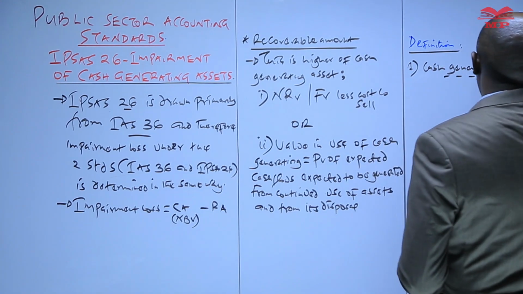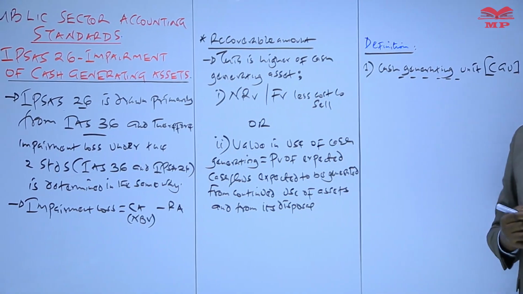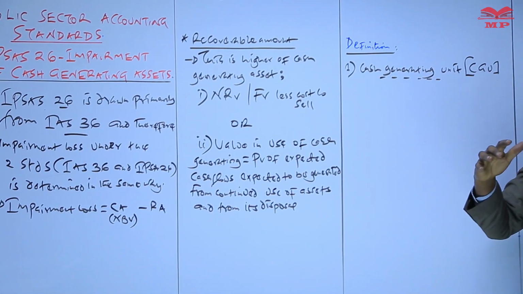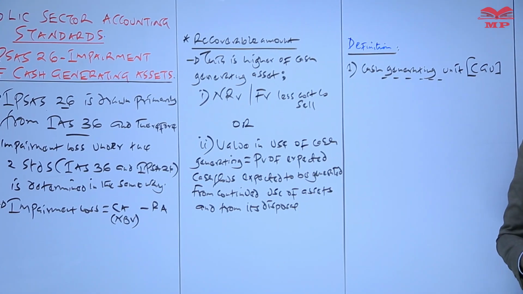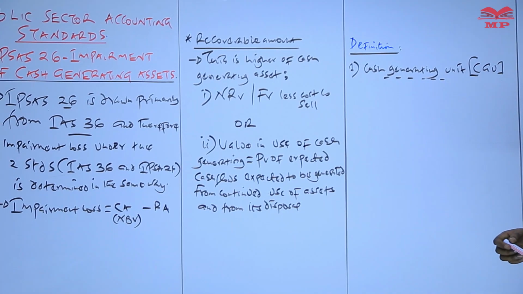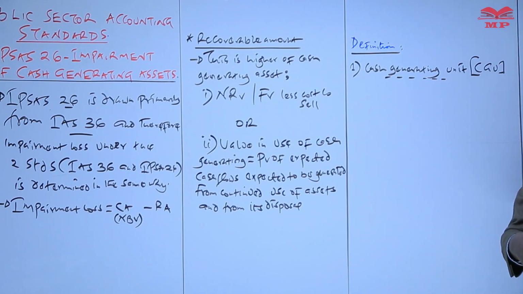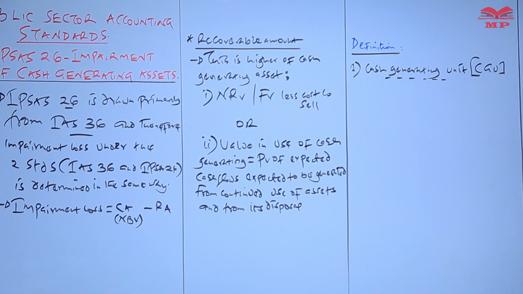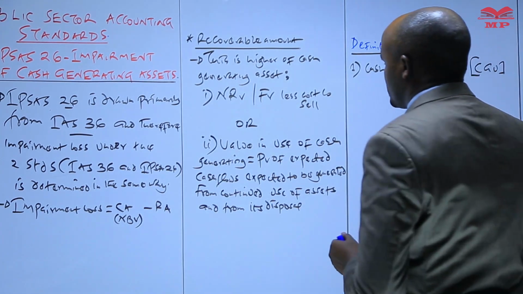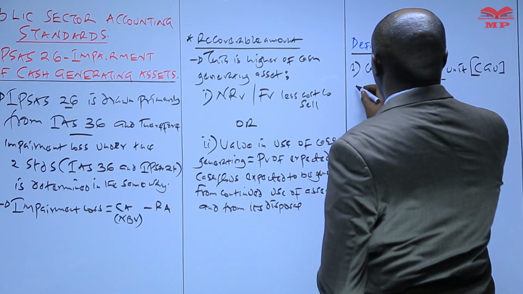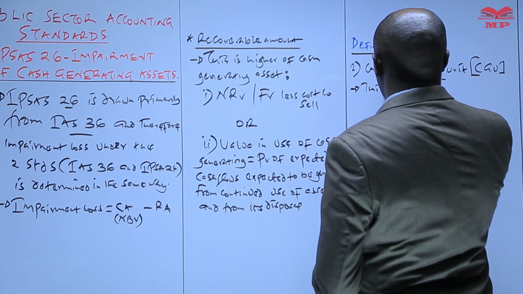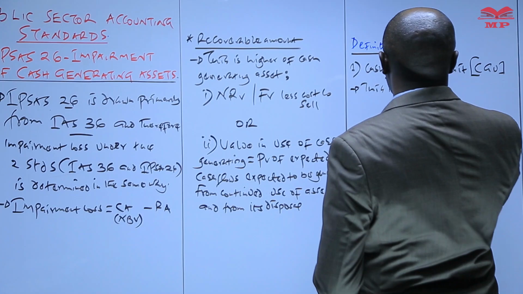So when we talk about the cash generating unit, basically we say this is a group of, or actually the smallest group of identifiable assets which are held by an entity with a primary objective of generating some cash flows, which are largely independent from cash flows generated by other assets.